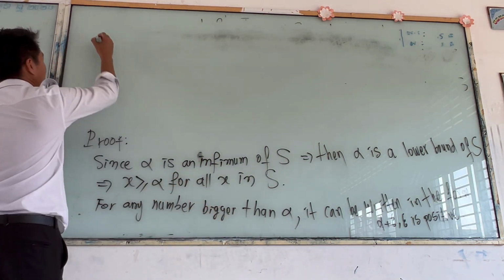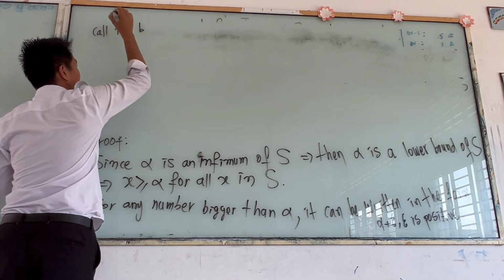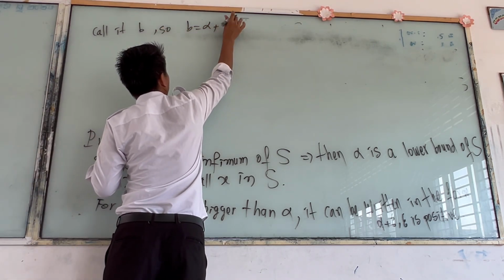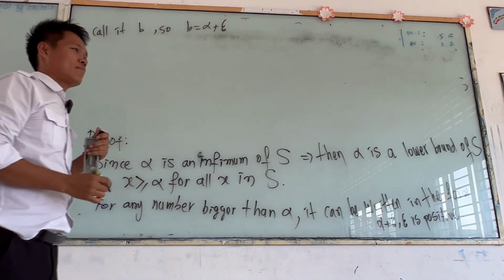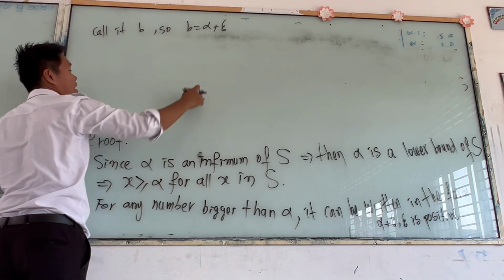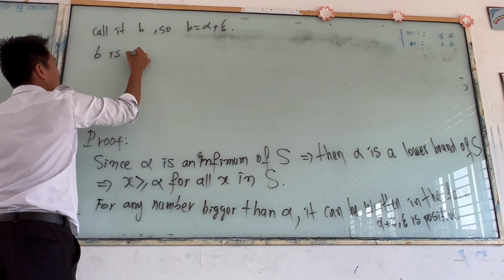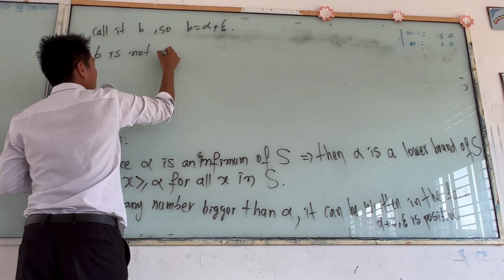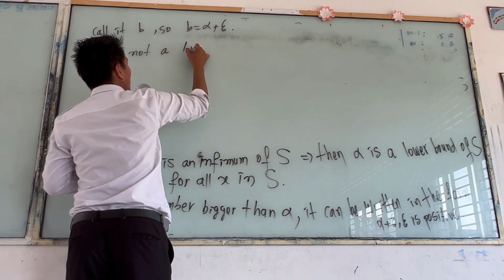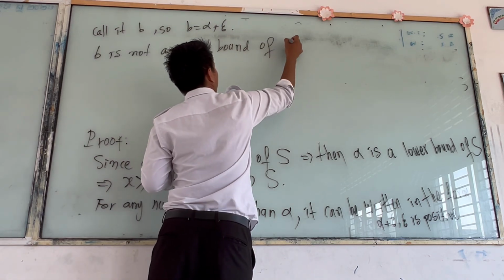Let me call that number B. So B equals alpha plus epsilon, right? And from this, since B equals alpha plus epsilon, B is not a lower bound of S. Why?